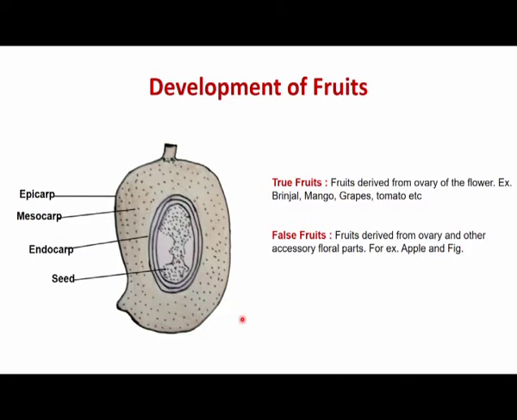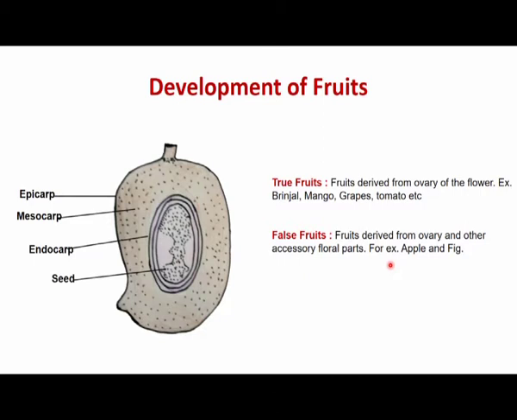True fruits are derived from the ovary of the flower and do not contain any other plant parts. Classical examples are brinjal, mango, grapes, tomato, etc. Whereas in some cases the fruit is derived from the ovary but also contains other accessory floral parts, and these are called false fruits. Examples are apple and fig.